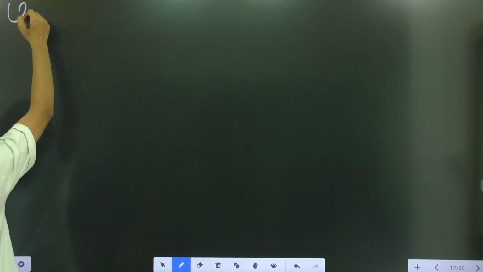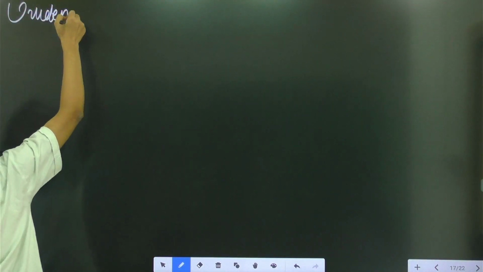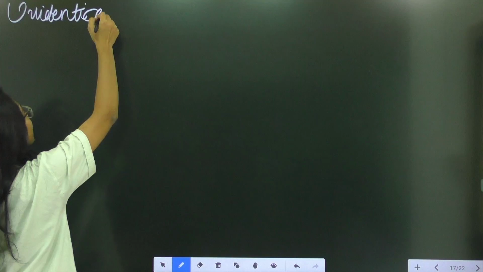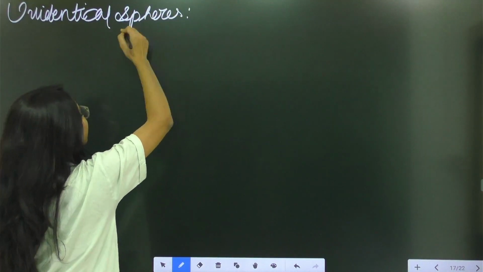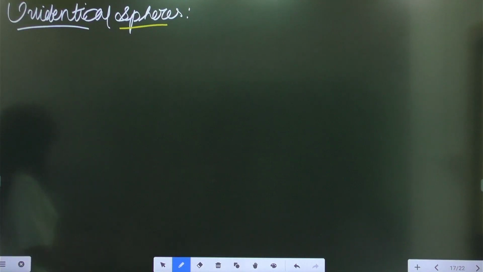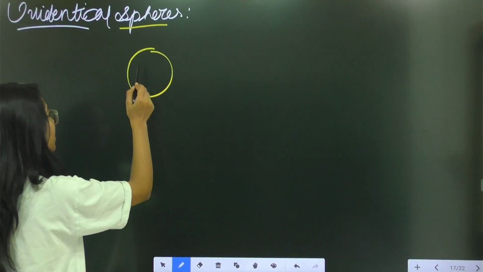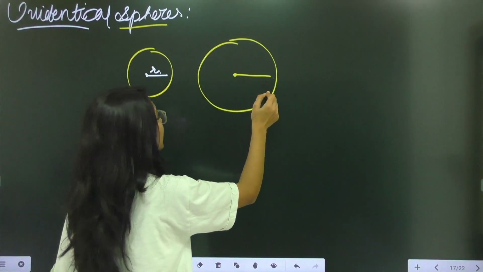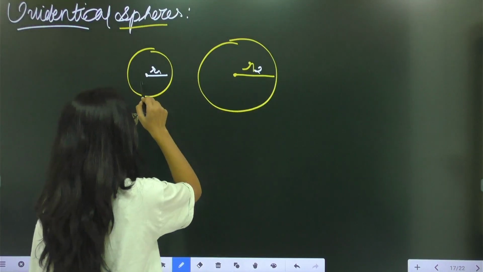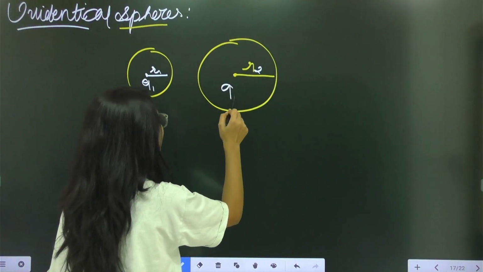Now, unidentical spheres. The second case. Unidentical spheres means what? Both of the radii are not similar. They are different. So this will be R1 and this will be R2. There is Q1, there is Q2.